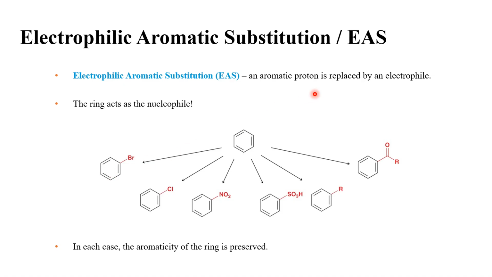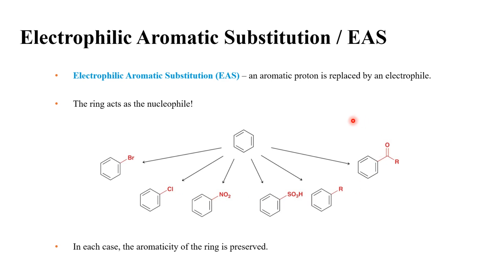Before we see how it works, just keep in mind that there are classes of reactions other than adding a Br. You can add other things through electrophilic aromatic substitution, EAS. You can add a chlorine, an NO2, SO3H, an alkyl group, an acyl group. We're going to talk about all of these reactions in this video.